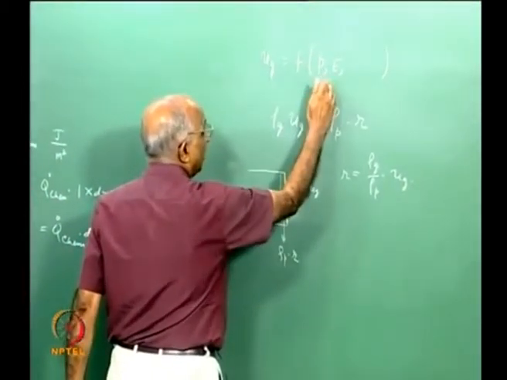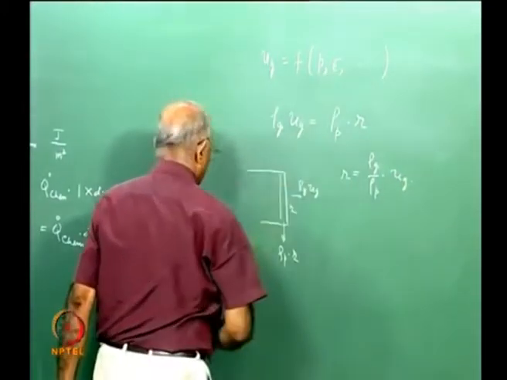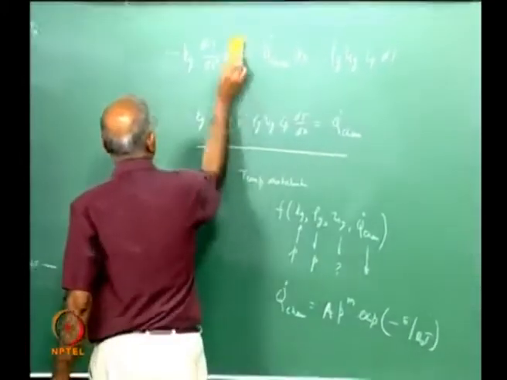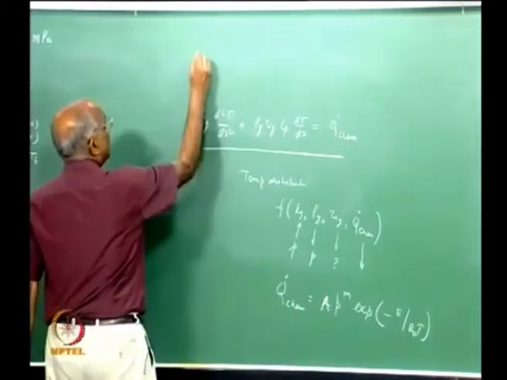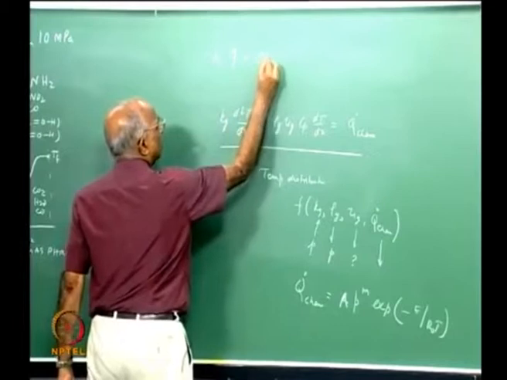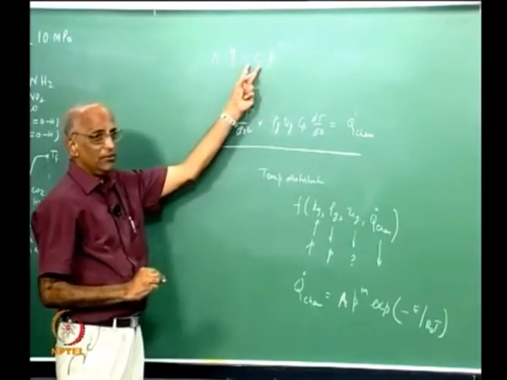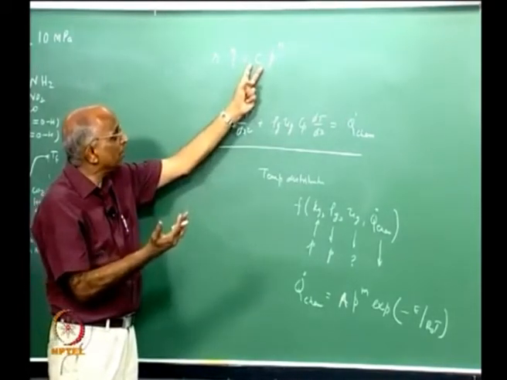But Ug is a strong function of pressure, therefore burning rate is going to be again a strong function of pressure and the effect of the other constituents like the composition, activation energy and all that. Therefore it is possible for us to write the burning rate R, let us say in meters per second, as equal to a constant into pressure to the power n, where this constant C will take care of activation energy, maybe the other composition and other features.